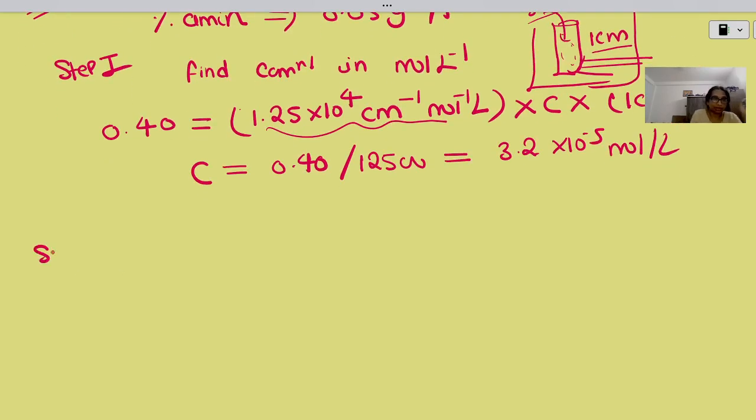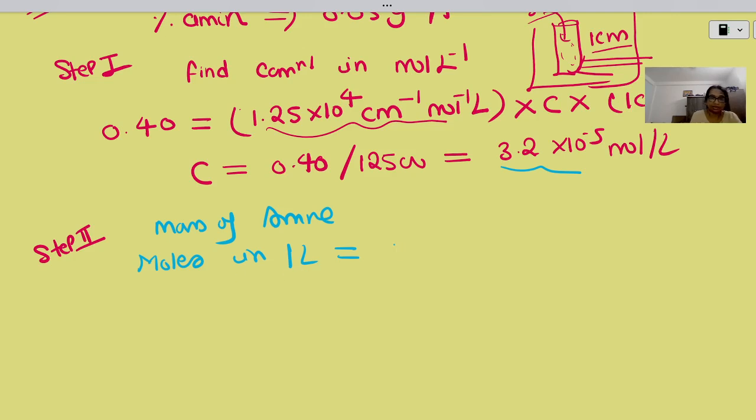Now, in step second, we will calculate the mass of the amine. Already we have calculated the moles in 1 liter, which is 3.2 into 10 to the power minus 5 moles. Now we can calculate the mass. Mass is equal to moles into molecular weight.